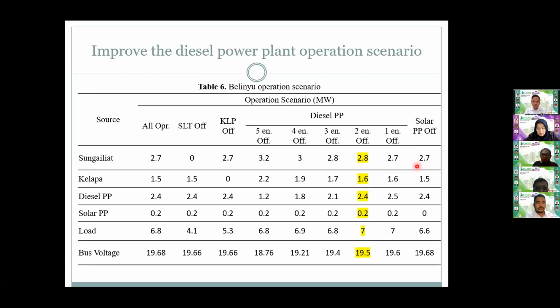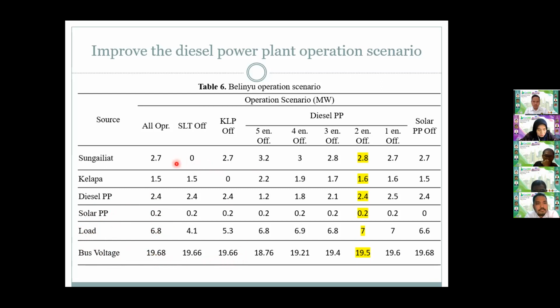Okay, this is the modeling result with ETAP 12.6. The result table depicts the operation scenarios of the electrical system. It shows the supply of Sungalir substation, Kelapa substation, diesel plant, solar power plant, and the total load, and the bus voltage condition of each scenario.